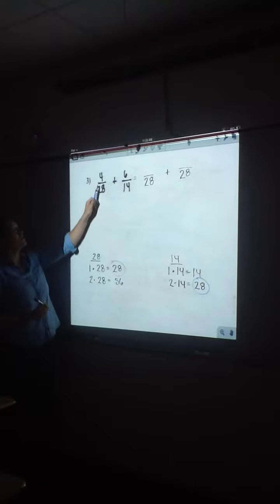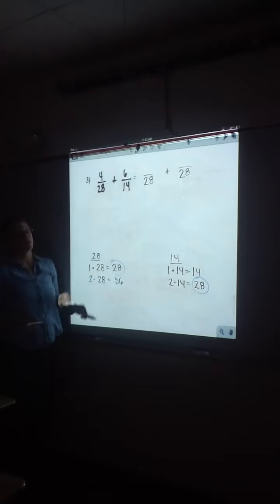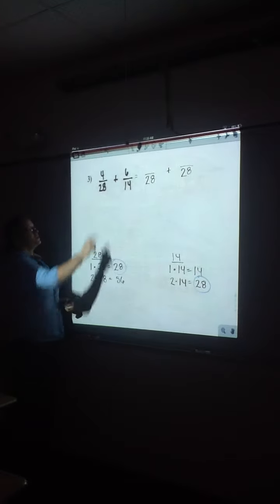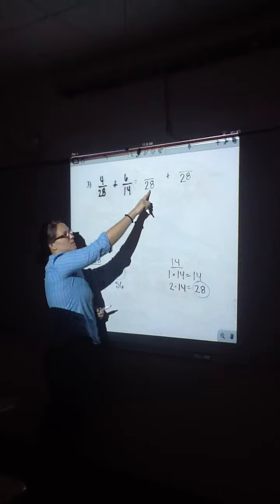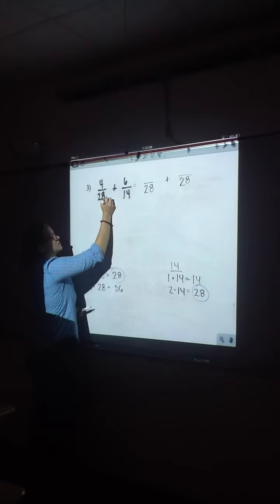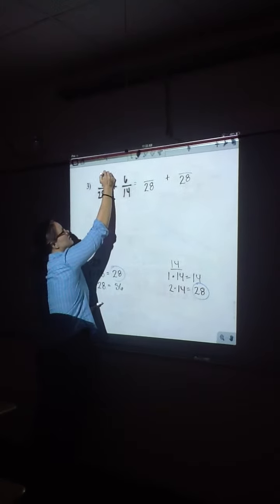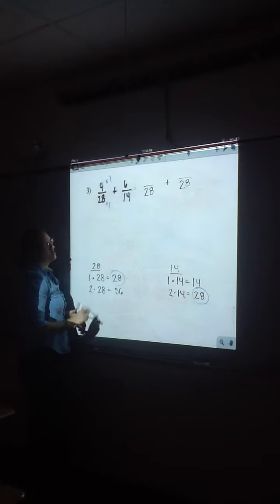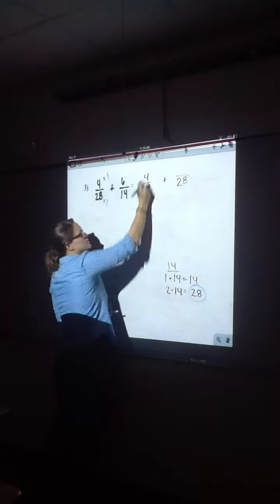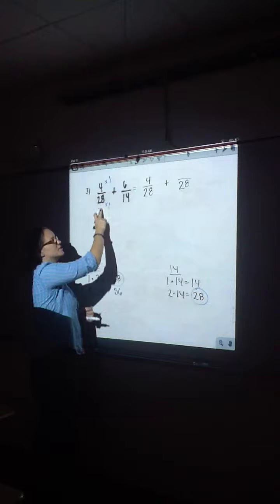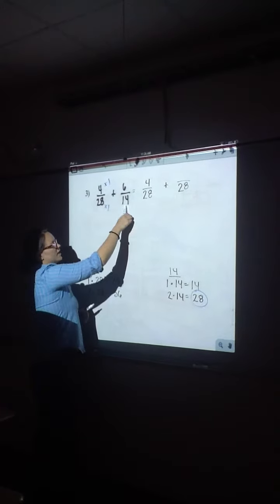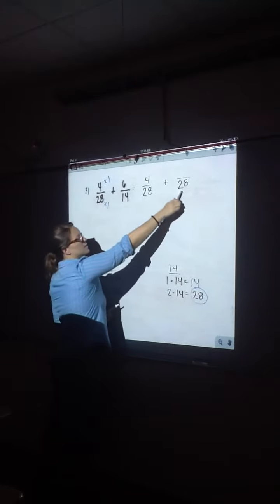Okay, so now looking at my first fraction, 4 over 28, what would I have to do to 28 to make it look like our least common denominator? Well, nothing. 28 times 1 is 28. So if I just multiply the top and bottom by 1, I'm really keeping the original fraction. The second fraction, how do I make 14 into 28?